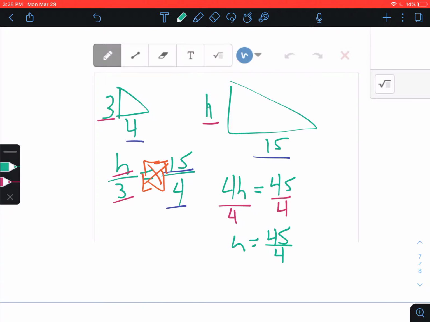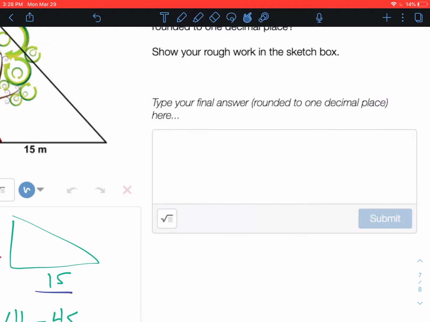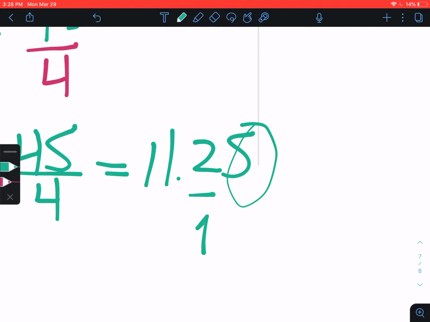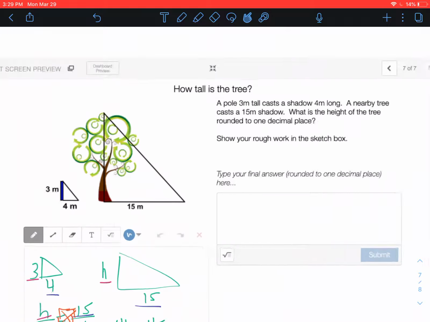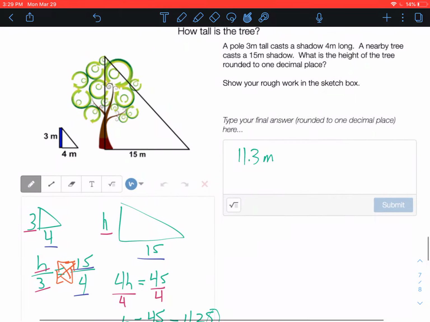And if we do that in a calculator, 45 divided by 4 is 11.25. Now they wanted us to round to 1 decimal place. So we want to round to where that 2 is. The number beside 2 is a 5, so we have to round up. So we're going to have 11.3. They gave us meters in the question, so my answer is going to be in meters.